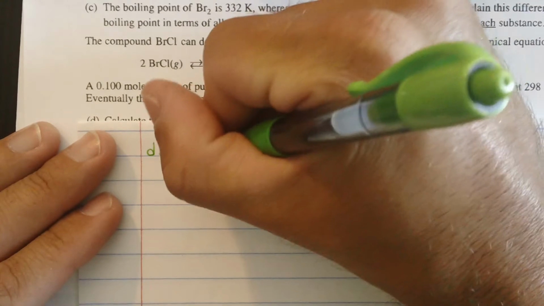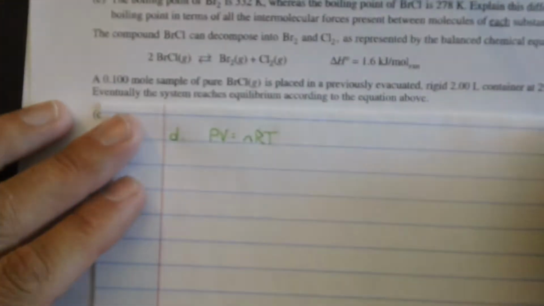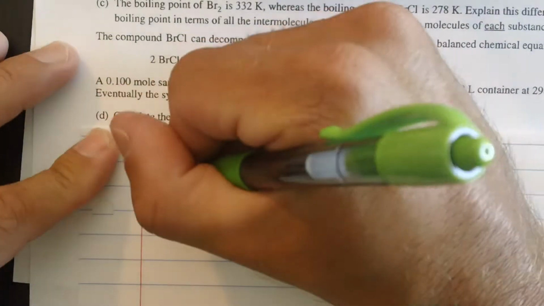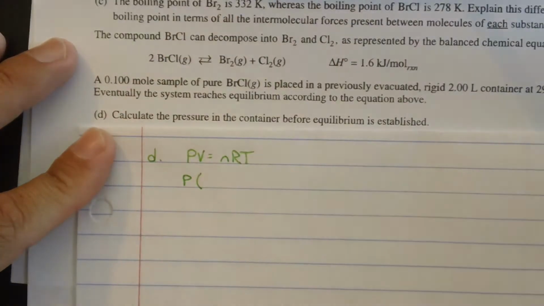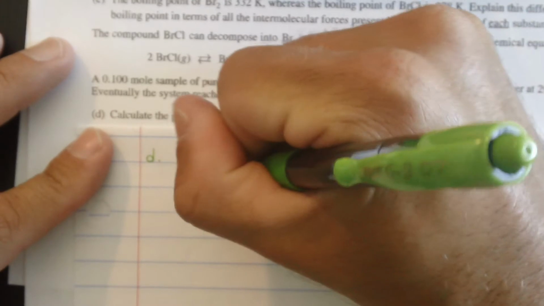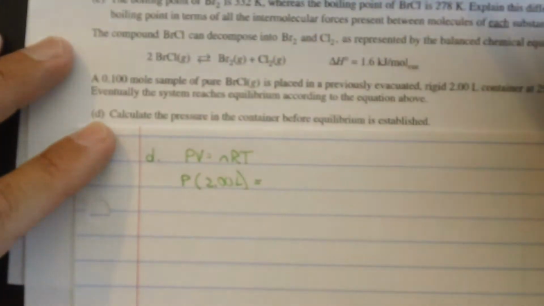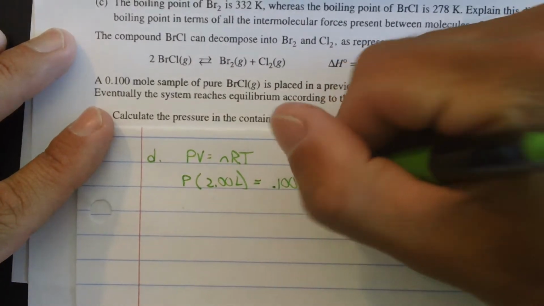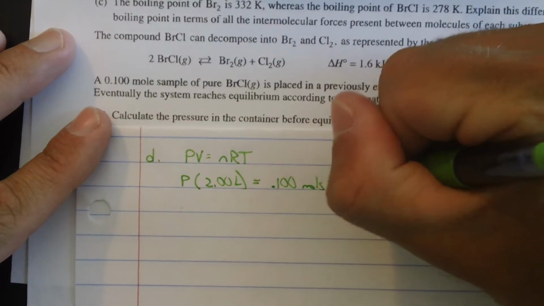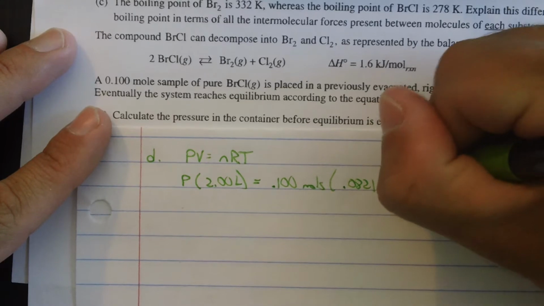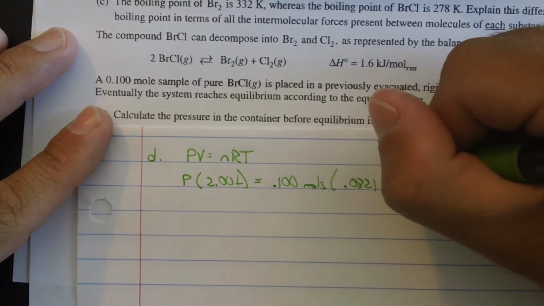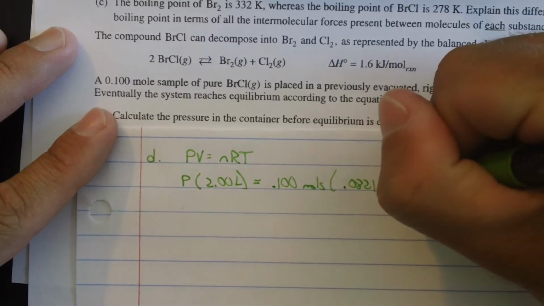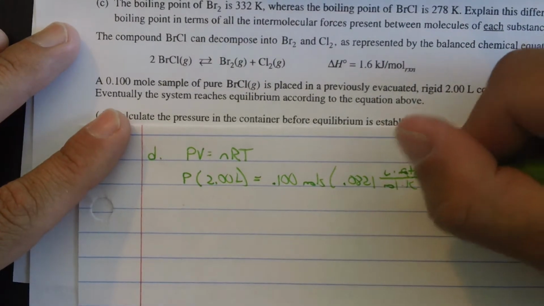PV equals nRT. And we want to solve for pressure. It doesn't say what unit. We're going to do our pressure in atmospheres. So pressure times volume. The volume is 2.00 liters. The number of moles, 0.100 moles. Times the R value, 0.0821 liters atmospheres per moles Kelvin. Be careful, that unit's on the formula sheet.